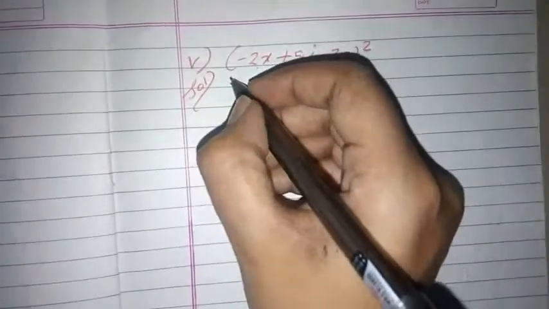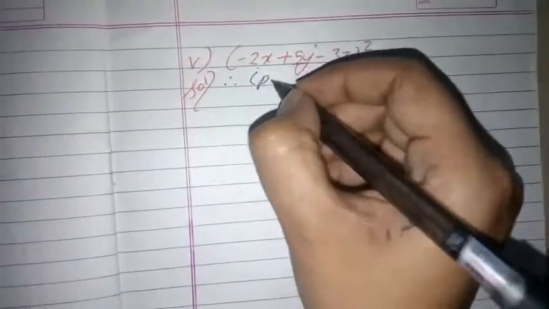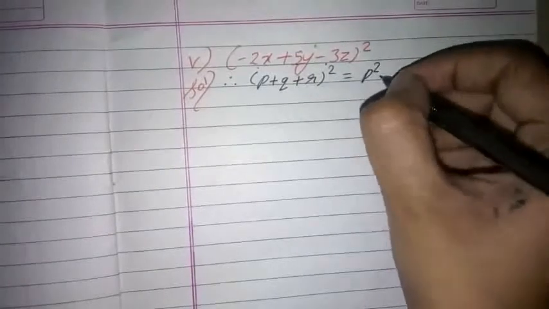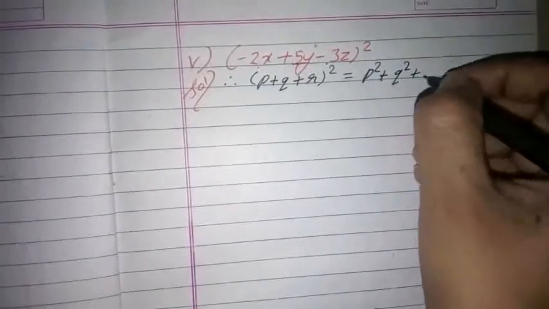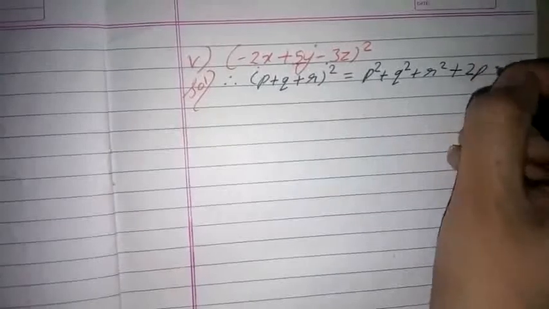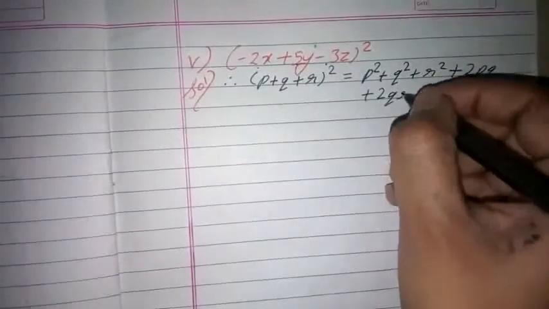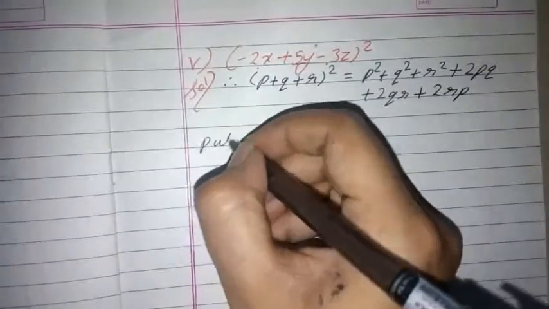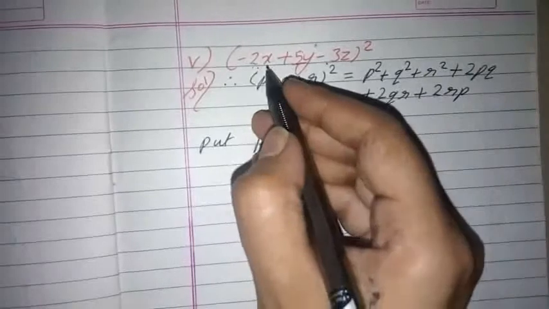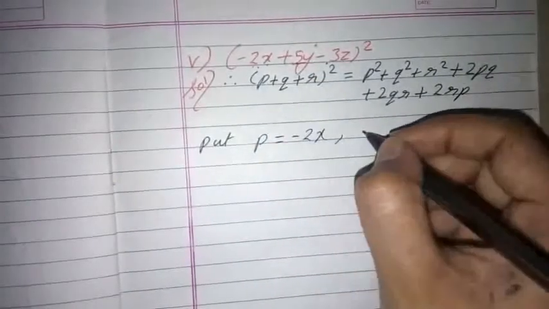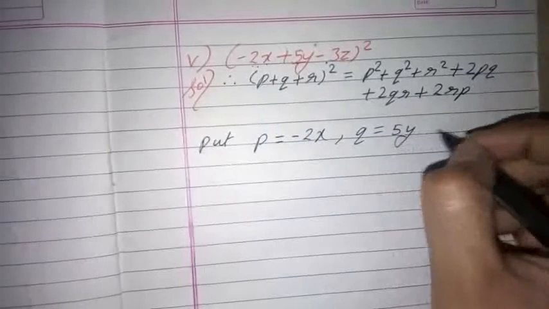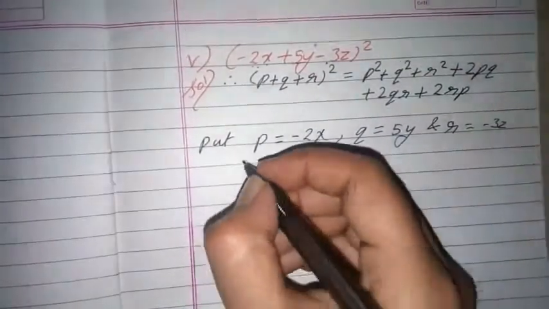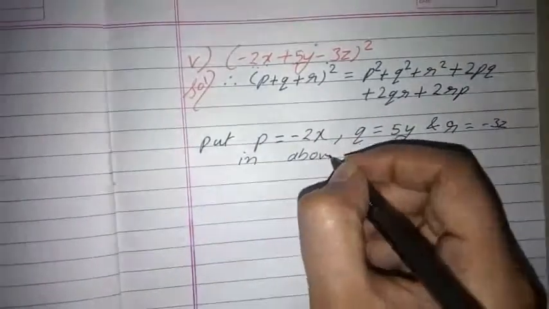In the fifth part also we will use the same identity, which is the whole square of p plus q plus r is equal to p square plus q square plus r square plus 2pq plus 2qr plus 2rp. Now we have to put p equal to minus 2x, q equal to 5y and r equal to minus 3z in the above identity.